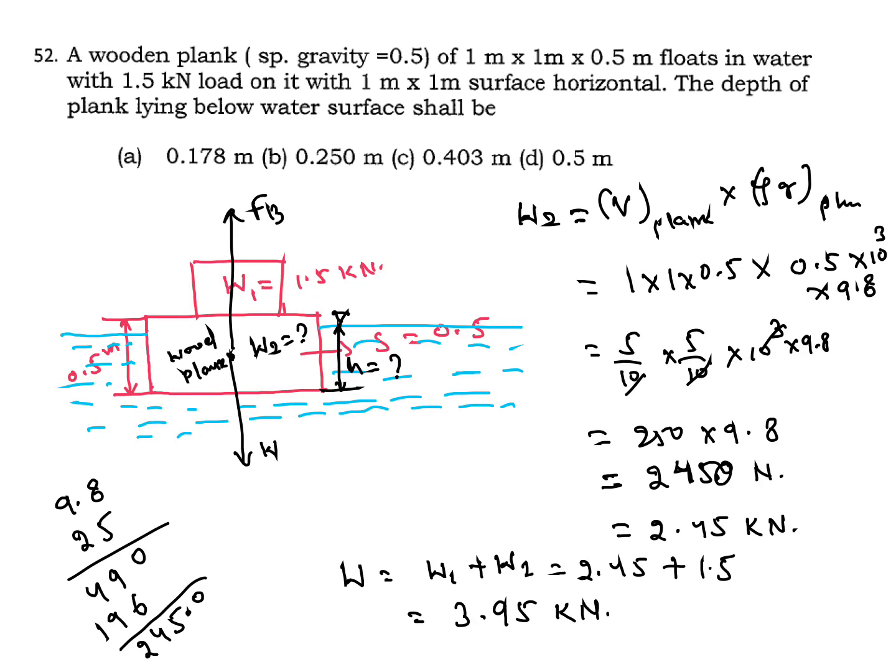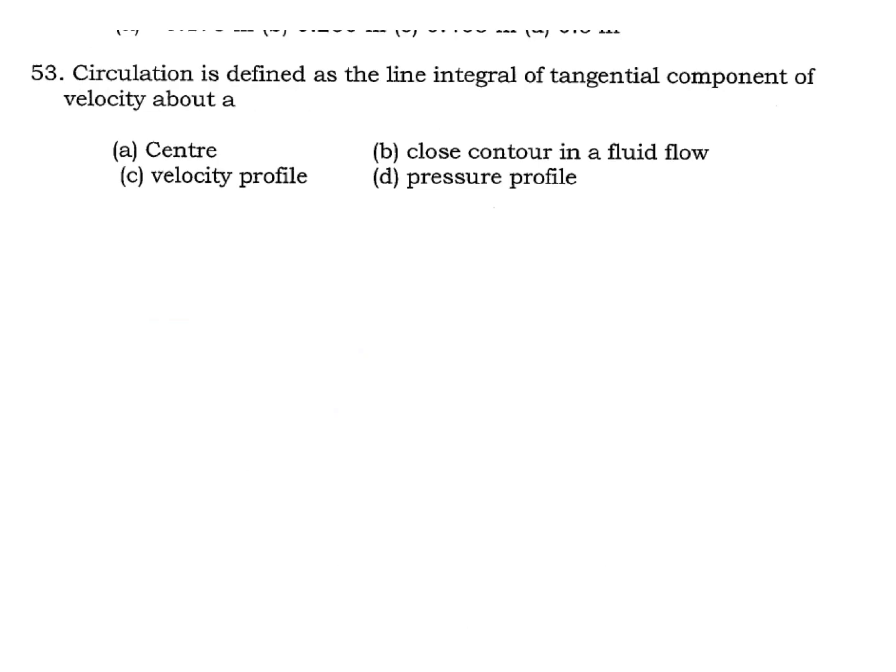Circulation is defined as the line integral of the tangential component of velocity about A, a center, B, a closed contour in a fluid flow, C, velocity profile, D, pressure profile.